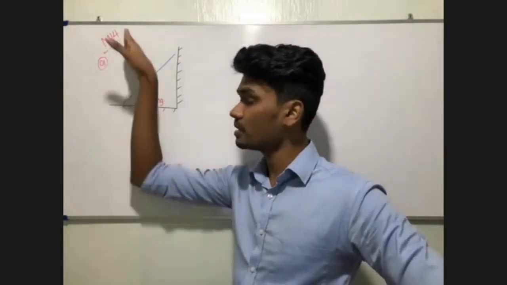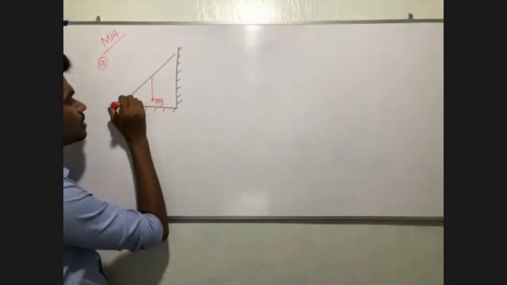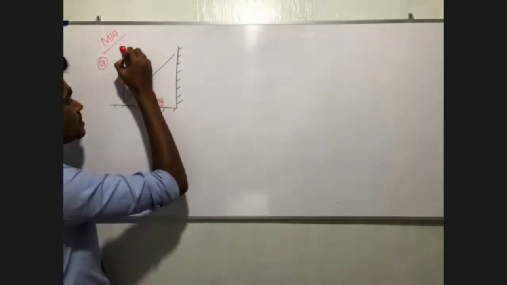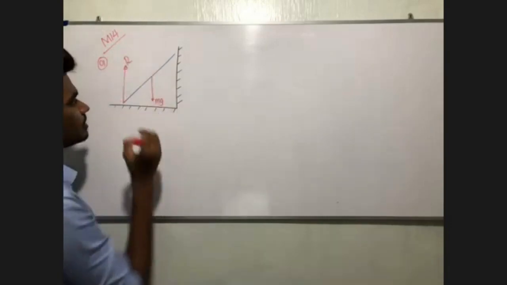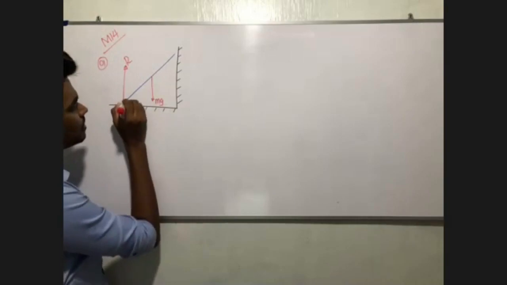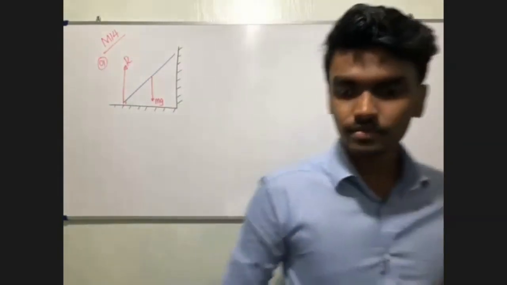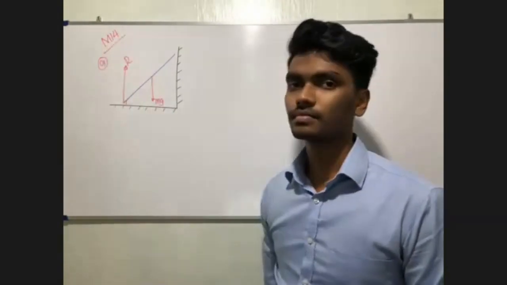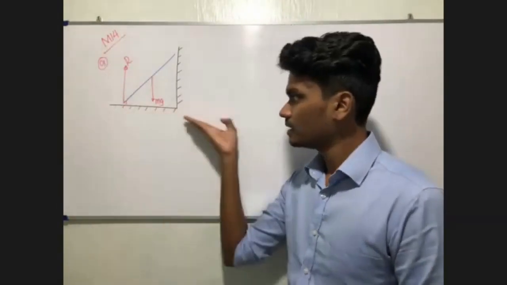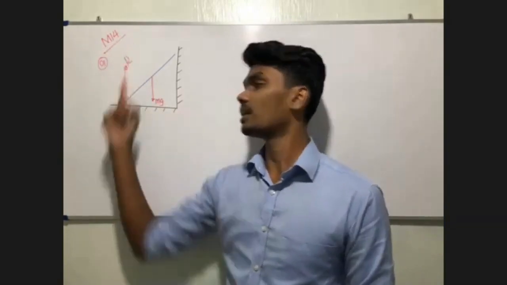Let us mark it. R, the reaction R. This is the surface. To the surface, perpendicularly on the object, R.